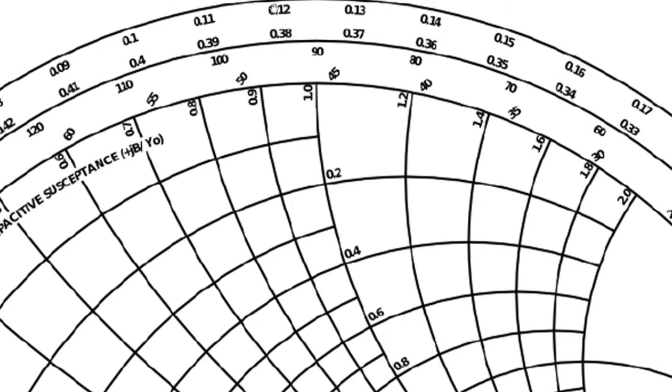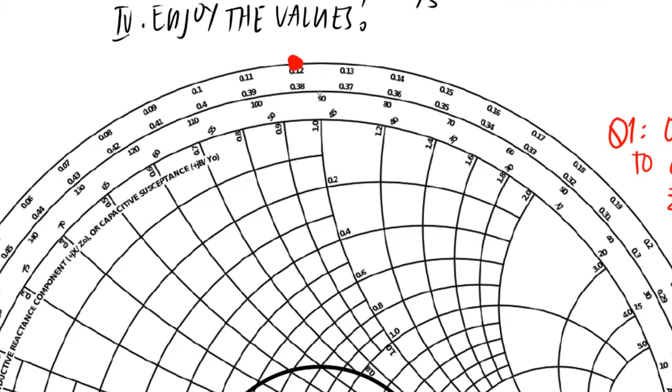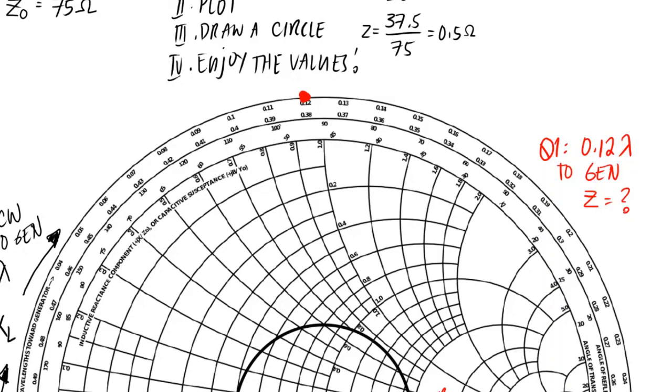Okay. This is it. So, I will draw a little circle here to make it noticeable. And then, draw a line from point 12 to your center. It's a bit crooked, but I will fix it. Okay. There.